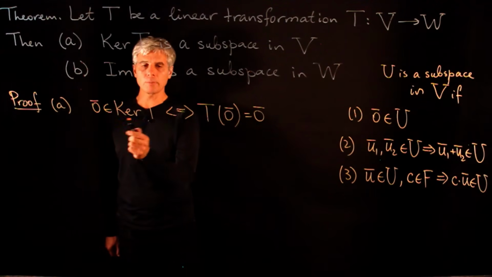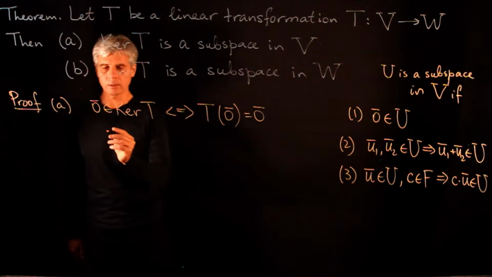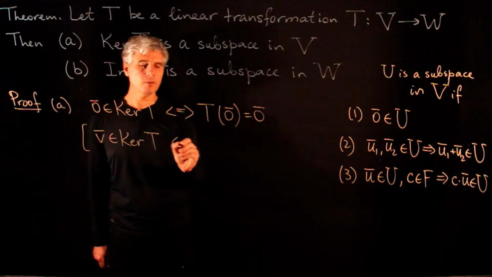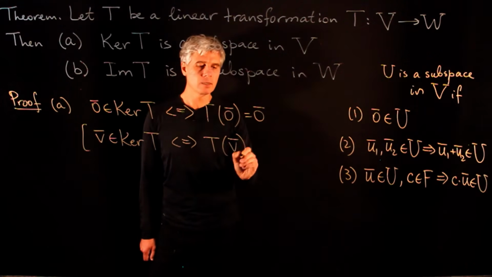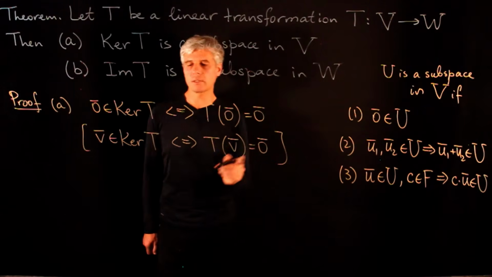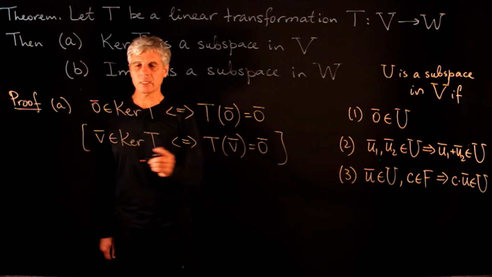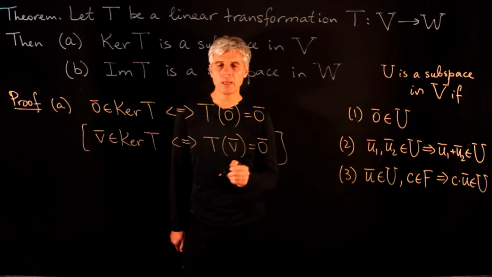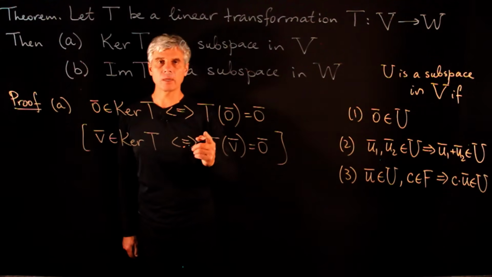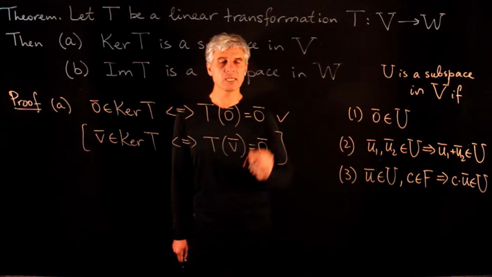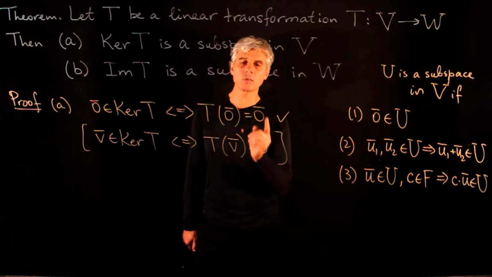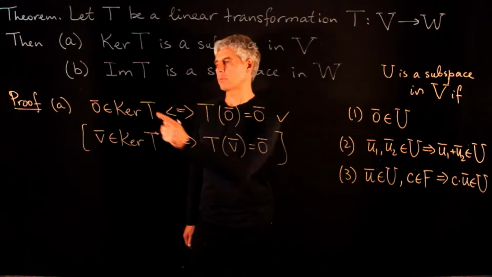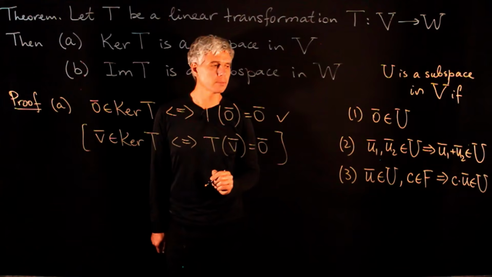And a vector v belongs to the kernel of T if and only if T of v is equal to 0. So this is the definition of the kernel. So this tells us that the 0 vector belongs to the kernel if and only if T of 0 is equal to 0. But T is a linear transformation. And we know that linear transformations possess the property that they transform the 0 vector into the 0 vector. And so this means that the 0 vector belongs to the kernel of any transformation.